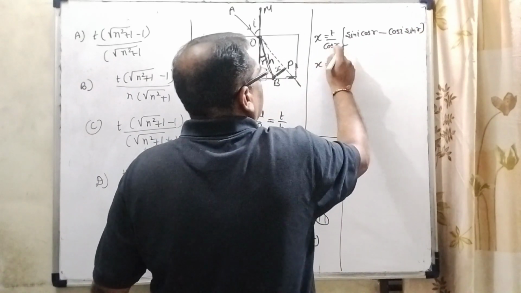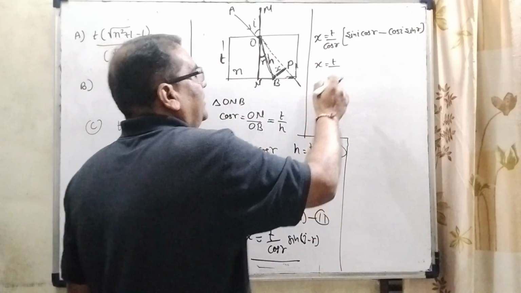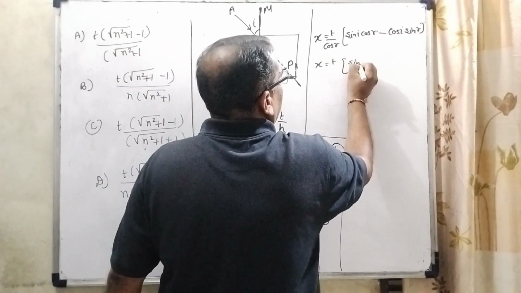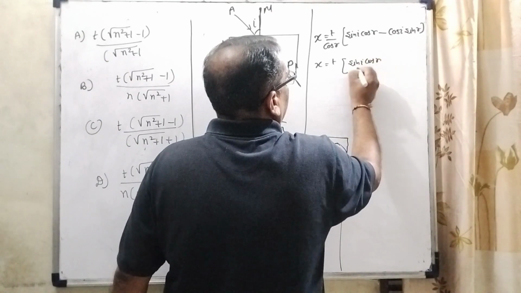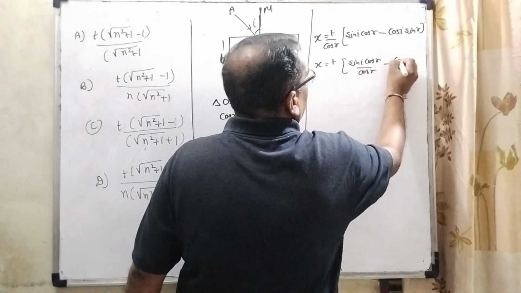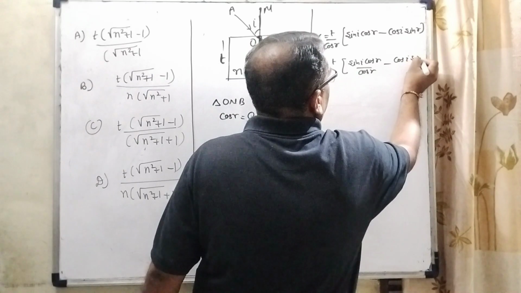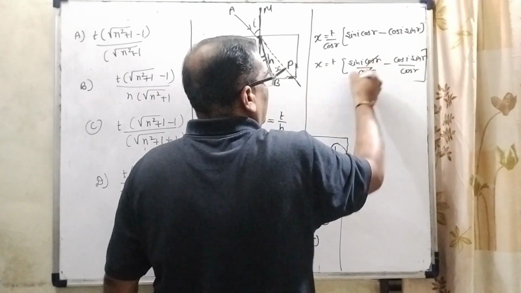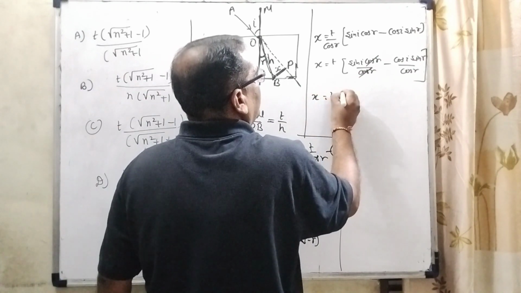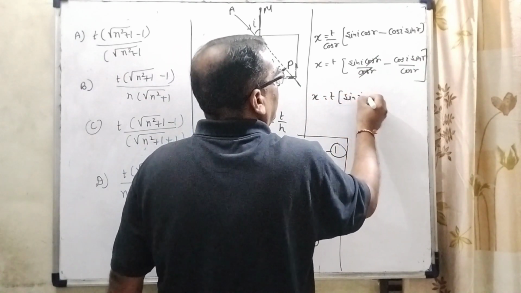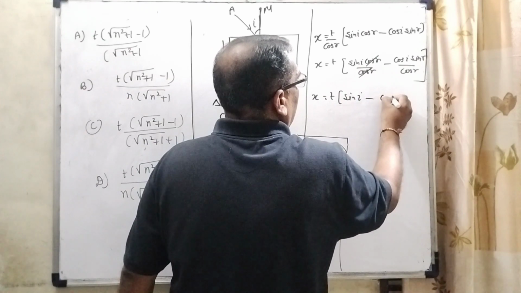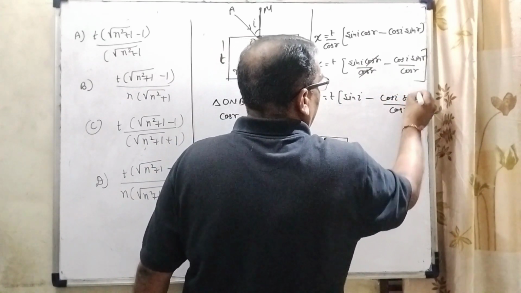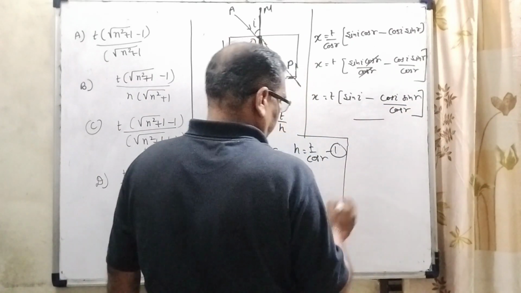Now take this cos r inside the bracket in the denominator. So sin i cos r upon cos r, minus cos i sin r upon cos r. This cos r cancels, then x equals t times sin i minus cos i sin r upon cos r. This is equation number three.